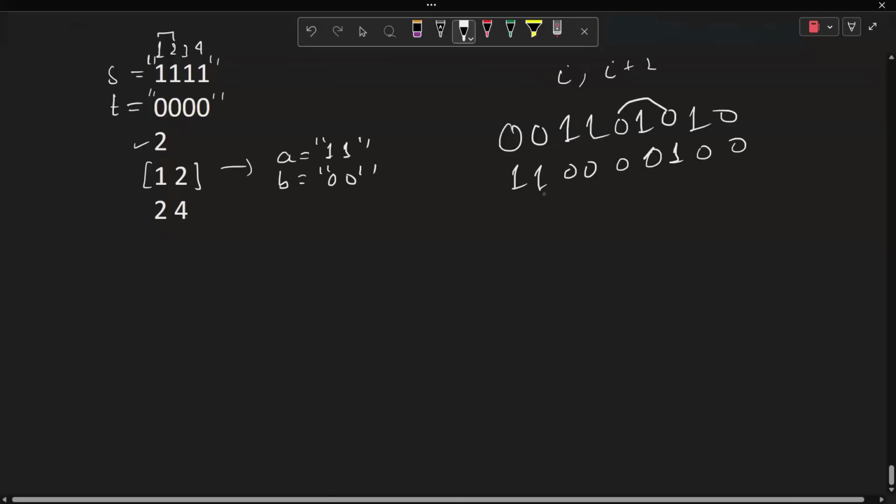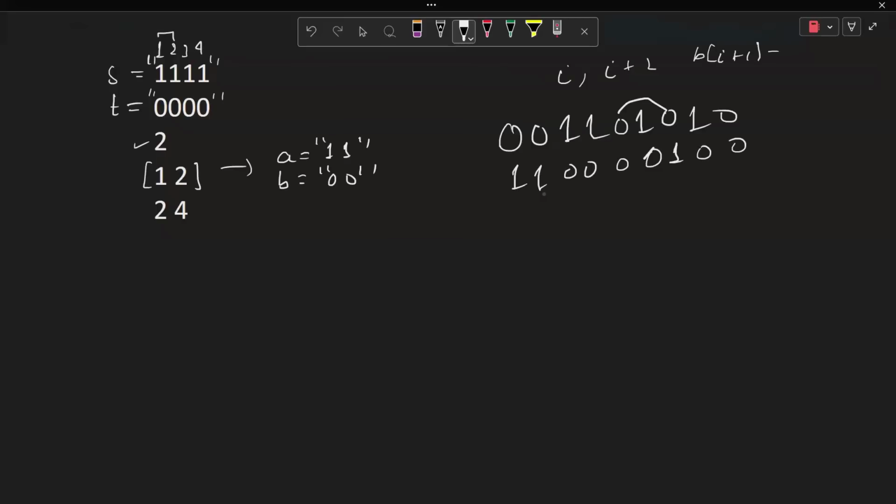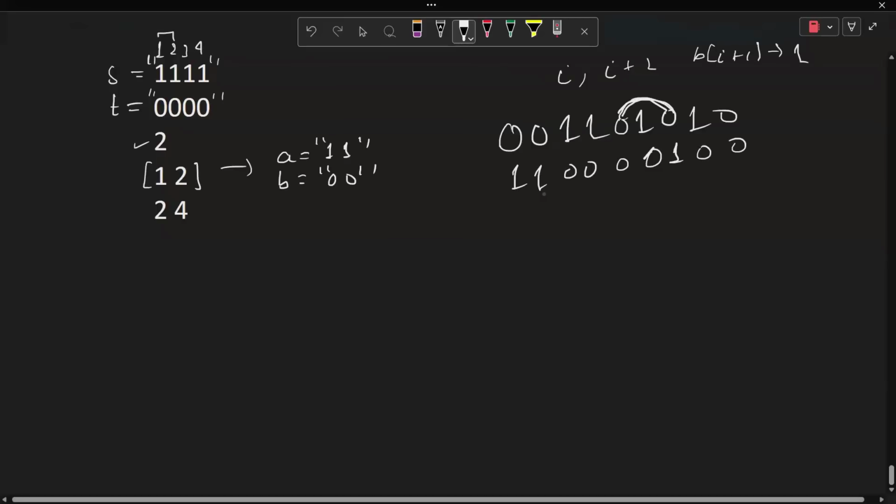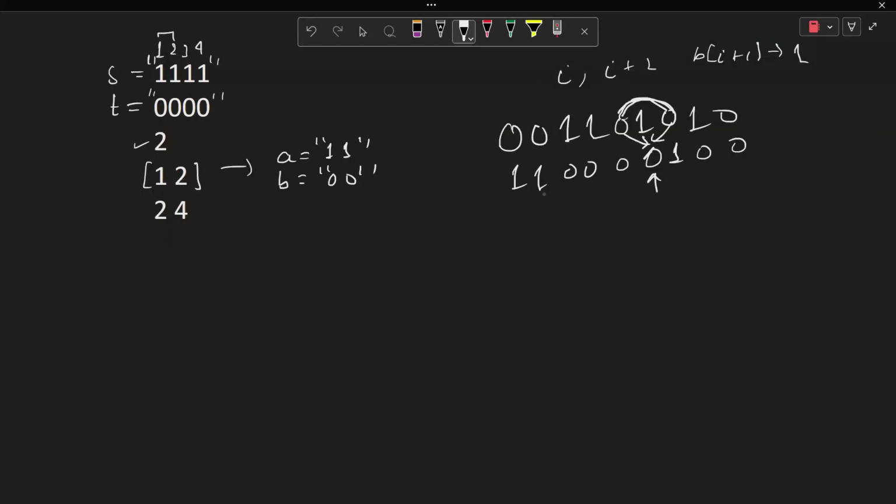If both of them are 0, you can assign B of I plus 1 as 1. So if you take two alternate indexes in A which are 0, you can assign the middle index of that in B to 1. This is the first operation.